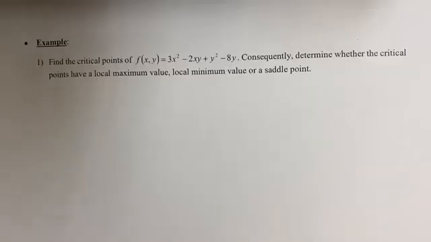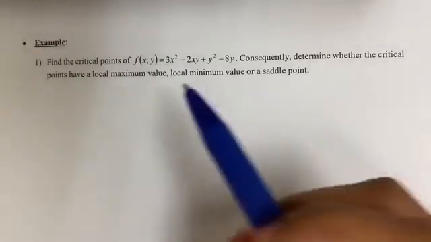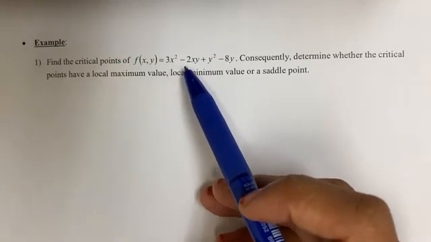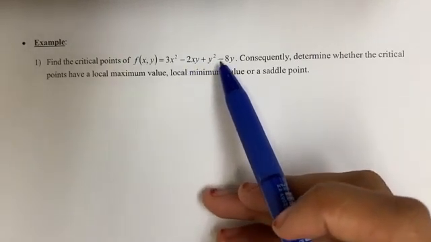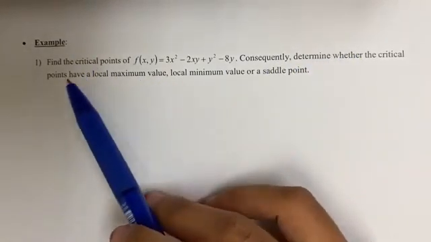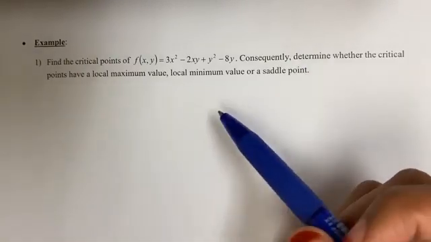To make it clear how to find the local extrema using theorem 1.8, we have two examples here. Let's start with the first example. You need to find the critical points of f(x,y) = 3x squared minus 2xy plus y squared minus 8y. Consequently, determine whether the critical points have a local maximum value, local minimum value, or a saddle point.